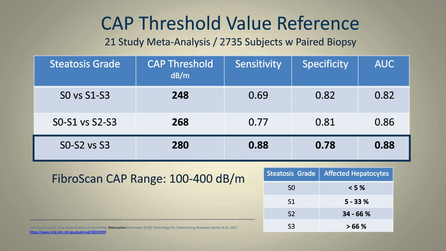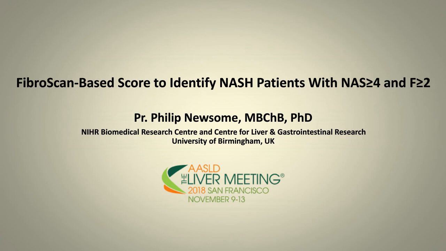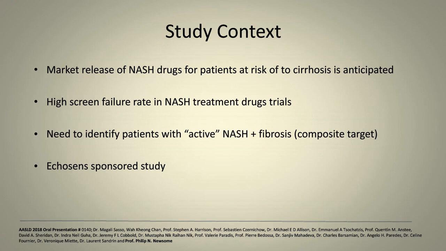So I'm going to talk about a scoring system that is now known as FAST, which stands for FibroScan plus AST. And I'm going to talk to you about how combining FibroScan technology with a simple blood test that you get every day in your clinical practice can actually improve our diagnostic accuracy. So this study was presented at AASLD by Phil Newsome from the UK.